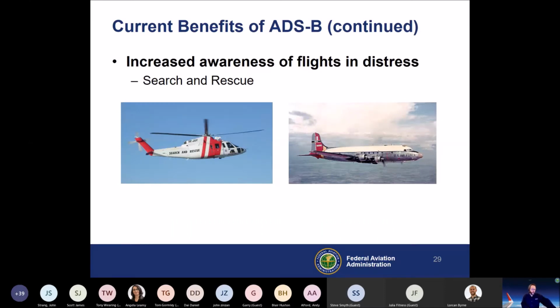Okay, so search and rescue is really an interesting one where we see some significant benefits, and there are some good examples of how this has been seen in practice. Search and rescue is improved when you can provide a precise location of a downed aircraft.